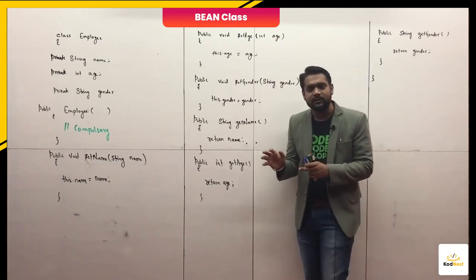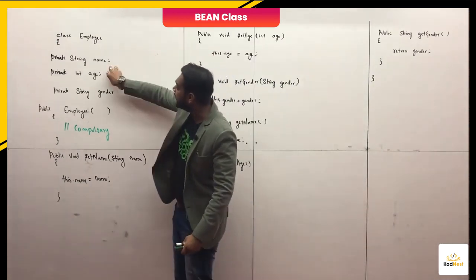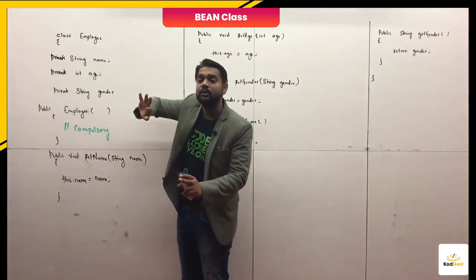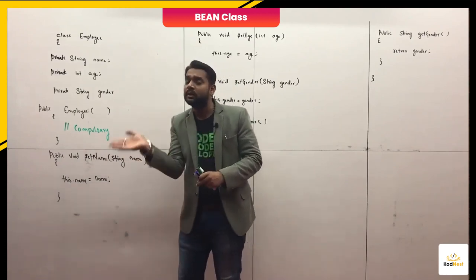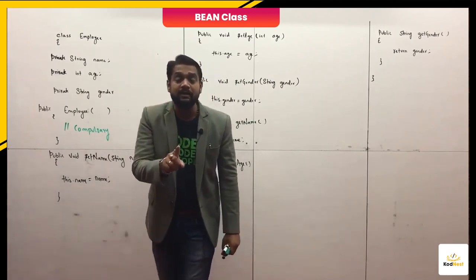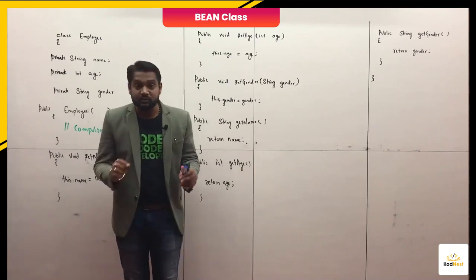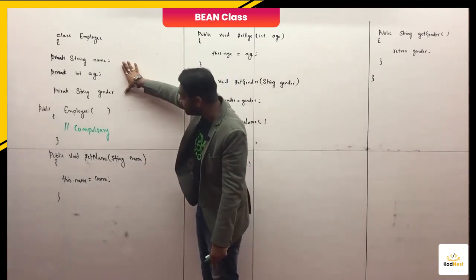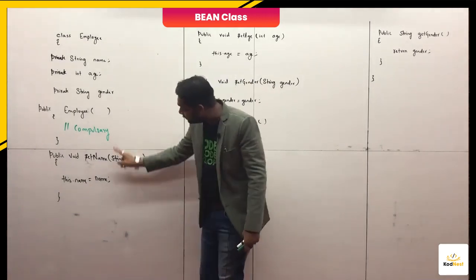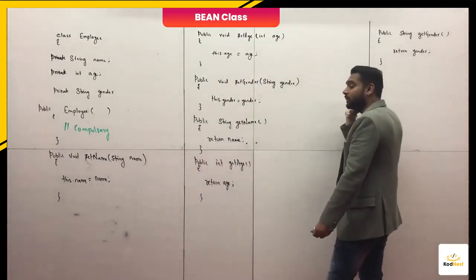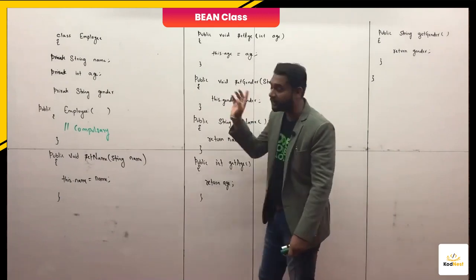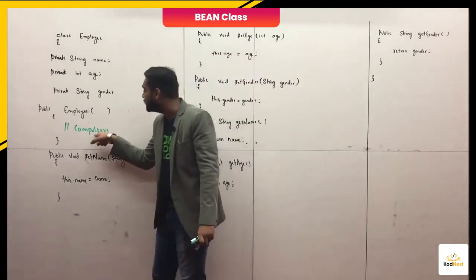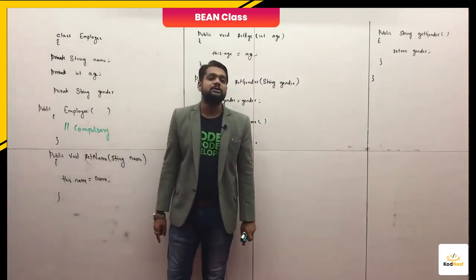Means to that extent, controlled access to the data members you may have, you may not have in the Pojo class. But in the bean, it is compulsory. That is why I am telling you, a Java bean is a Java class with compulsorily private members in it, and compulsorily public getters and setters to those private members, and compulsorily you should have a no argument constructor.